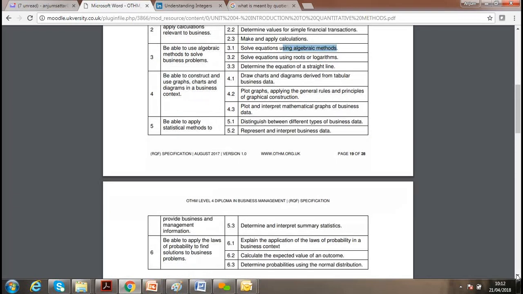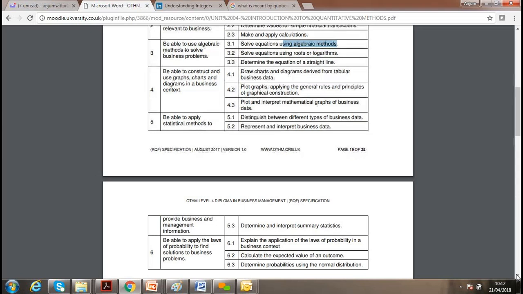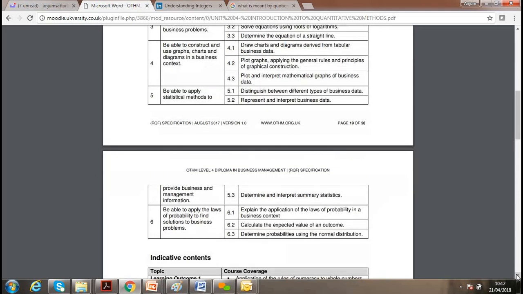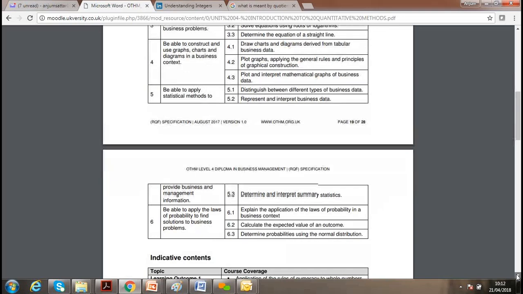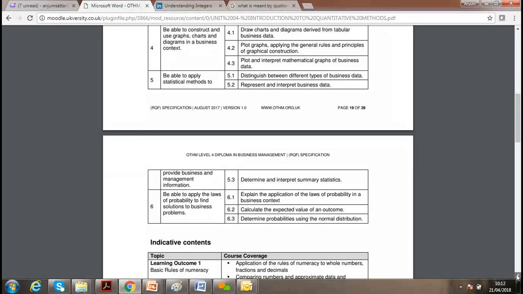What are the chances of occurrence of anything, like share prices increasing or decreasing. These we're supposed to go through, and the probability using the normal distribution. So we're doing very basic in this unit because it's a level 4 course, and you just need to learn about the basic concept and some applications which we'll go through as well, some little calculation.